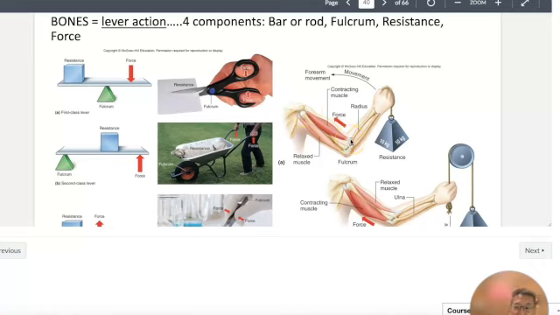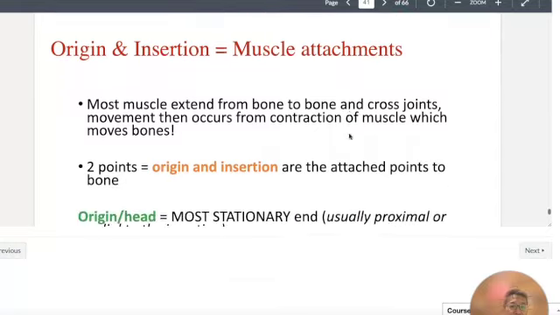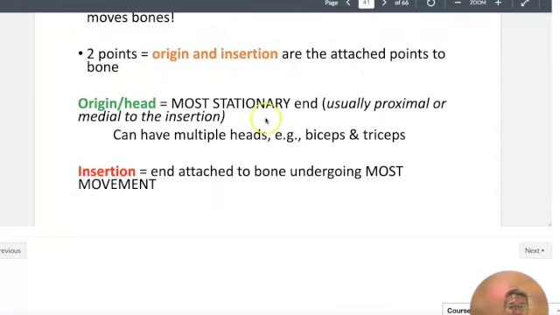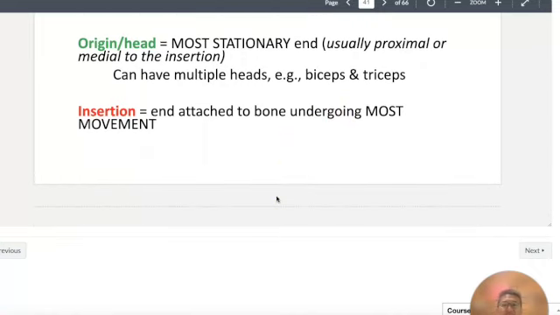The insertion will move toward the origin. The origin will be the stationary part, and the insertion is attached to the bone and has the most movement. So we need to memorize some of them.